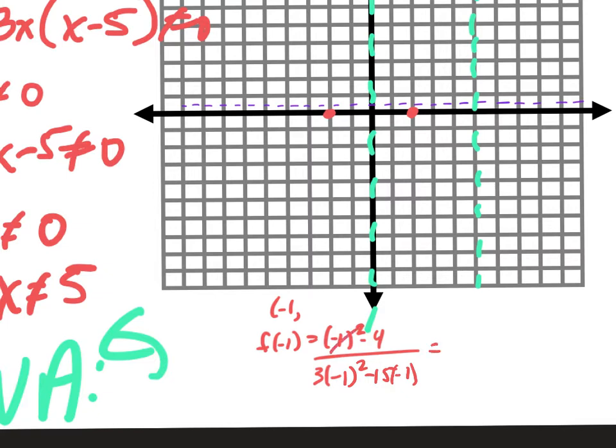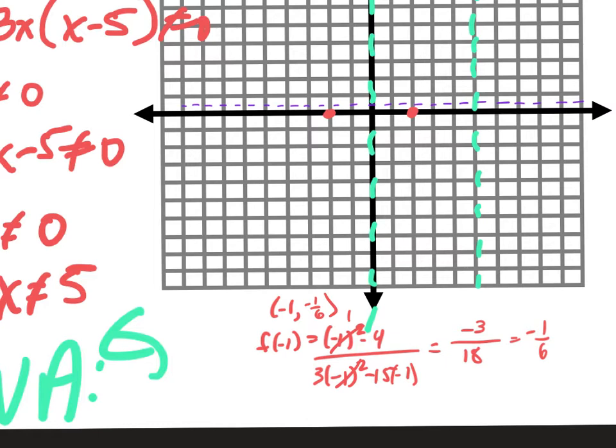So I have 1 minus 4 is -3 over 3 plus 15, 18. Right? So this becomes -1/6. It's not really about the -1/6, guys. I'm not super concerned that you know how to plot the point -1, -1/6.